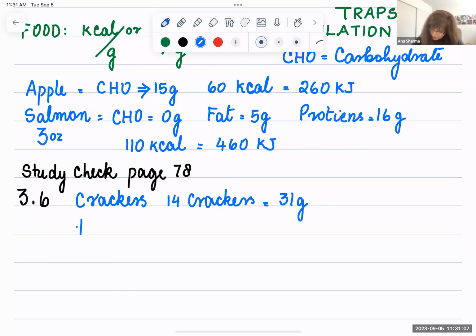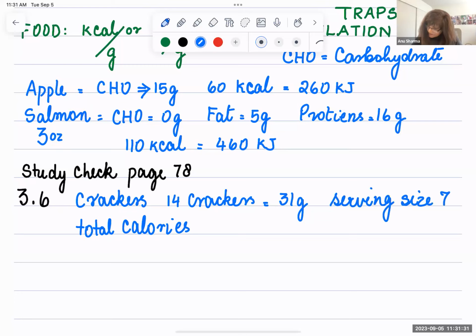Total calories is what you would get from a serving. Amount per serving: total calories of 130, and calories from fat given is 40.